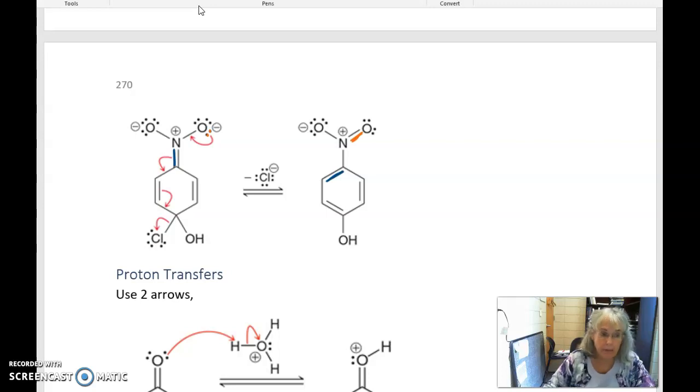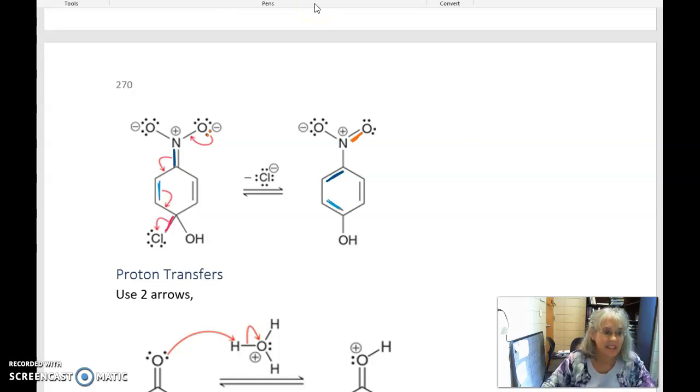Carbon can only have 4 bonds, and so these electrons get kicked down and become these electrons. And finally, we'll do fuchsia.